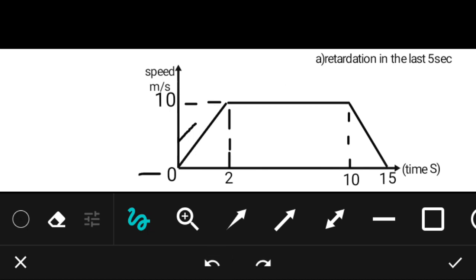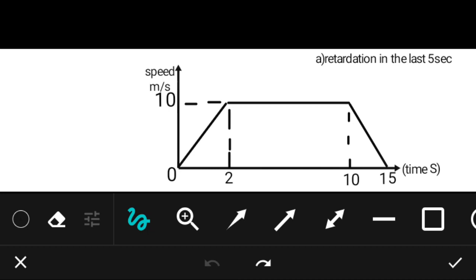Then here it moved at a constant speed or velocity, and then it retardated like that. So now they are saying we find the retardation in the last 5 seconds. So meaning that in the last 5 seconds this object started retardating from there. So it means the last 5 seconds is between here. So you subtract 15 minus 10, and then you get that 5 seconds.